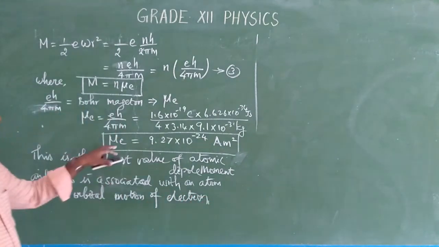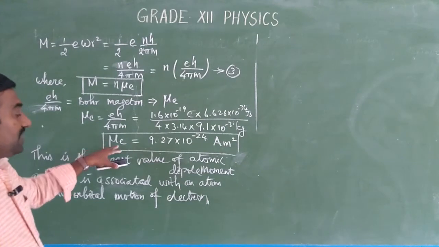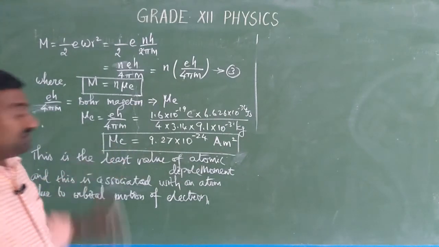Therefore, this is the least value of the magnetic dipole moment of a revolving electron.